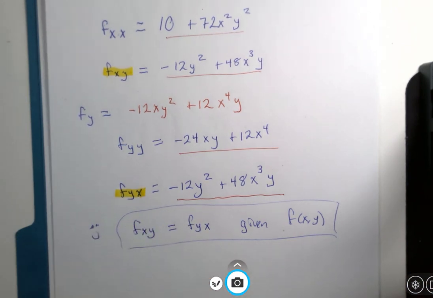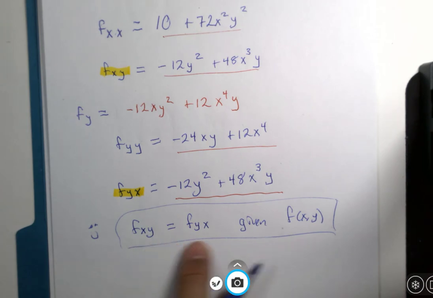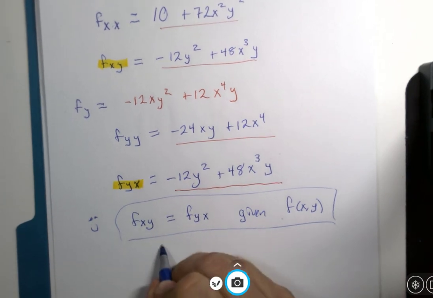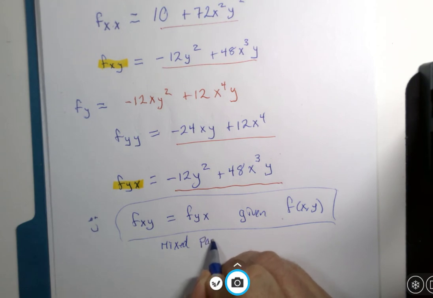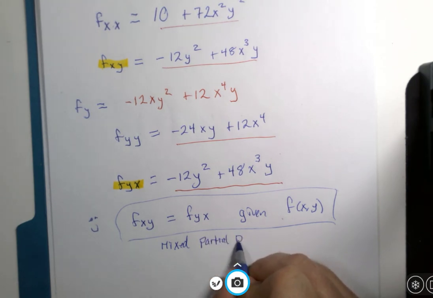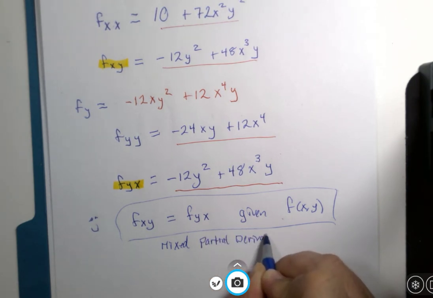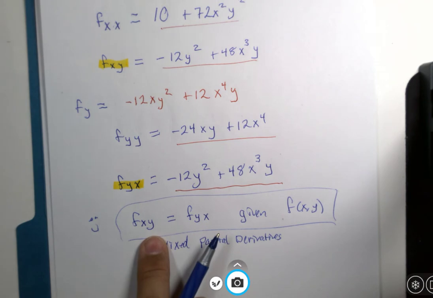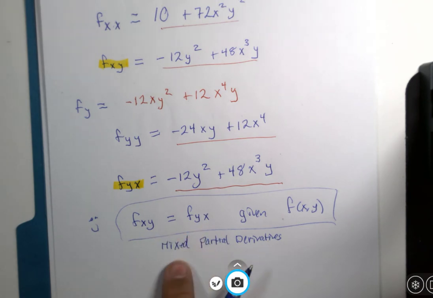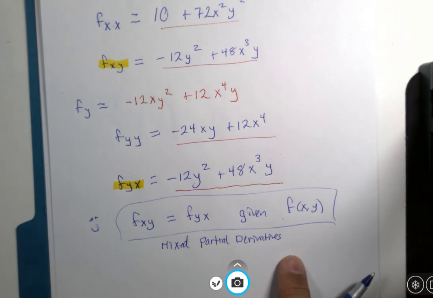It will play a big role later in the course, but for now I'm just going to leave that as sort of a key statement. These are called the mixed partial derivatives, because we have both x and y, not one only, but both, and they're mixed in the order, doesn't matter. These mixed partial derivatives are equal.